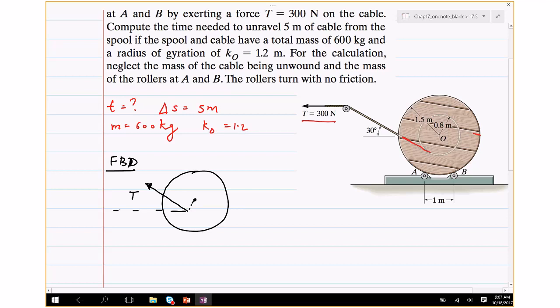So this is 30 degrees. Okay. There are rollers at A and B, and the effect of the rollers is to supply a normal force.